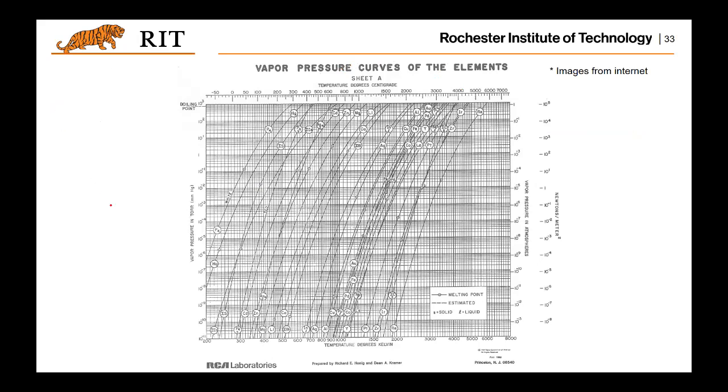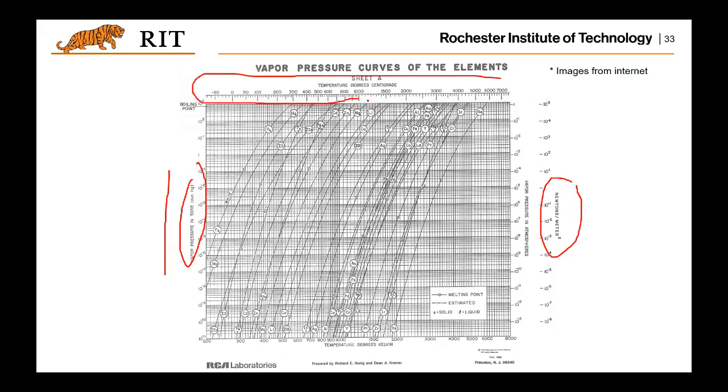The vertical axis gives you the pressure in torr, and you can also convert it to newtons per square meter. Usually torr is good enough. And here it gives you the temperature. Also, you can see there are plenty of curves.